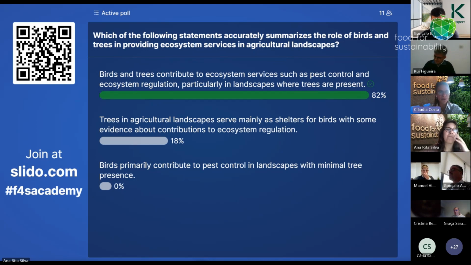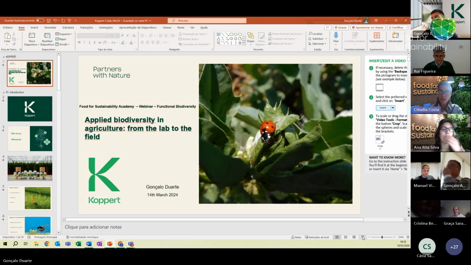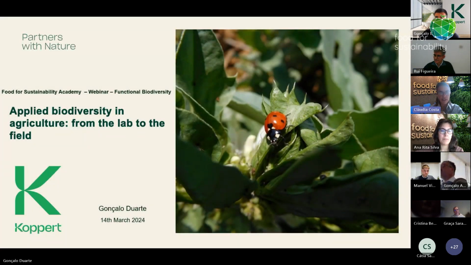I'm now going to call Gonçalo to the floor, and while Gonçalo shares his presentation, I'm going to quickly introduce him to you. Gonçalo is an agriculture engineer specialized in crop protection by Instituto Superior de Agronomia. He started his professional activity in horticulture, in the production of vegetables and aromatic herbs in both conventional and organic systems.